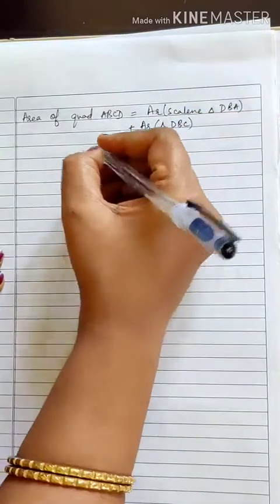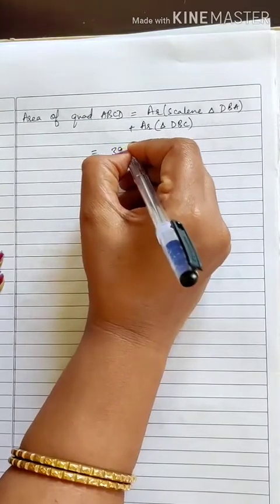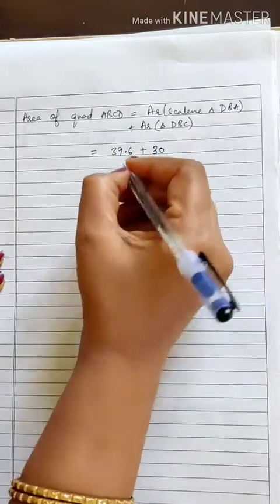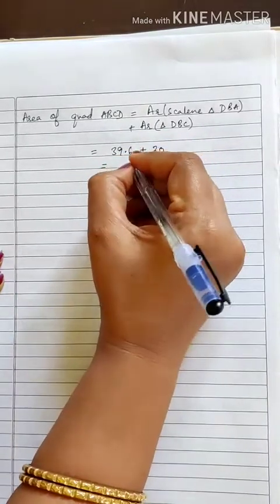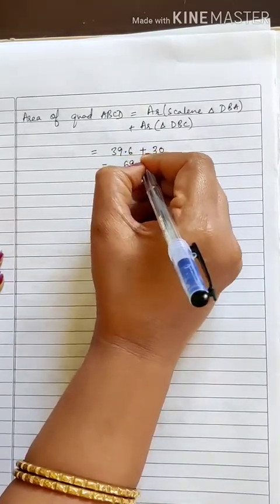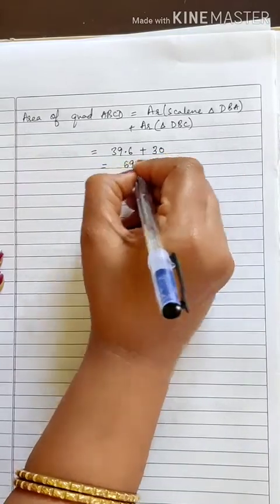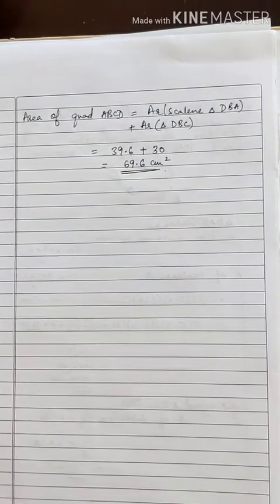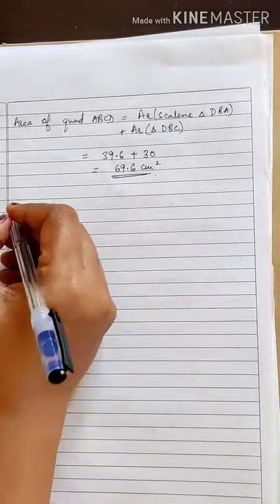So we have already found 39.6, and the area of the right angle triangle is 30. So which will give you 69.6 centimeter square.